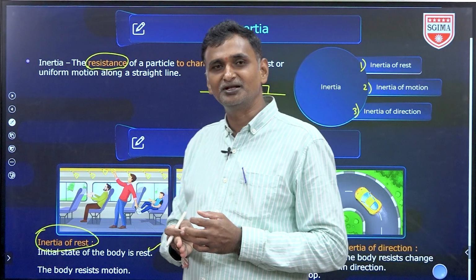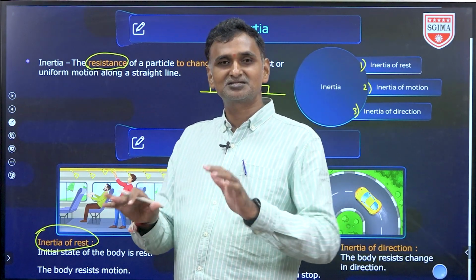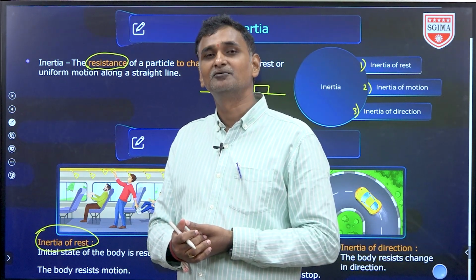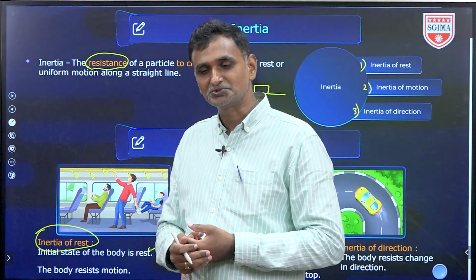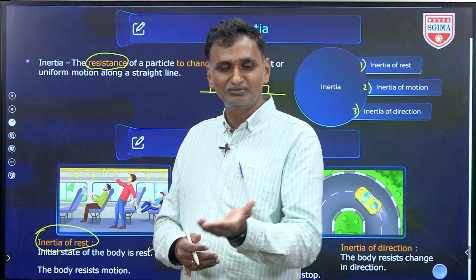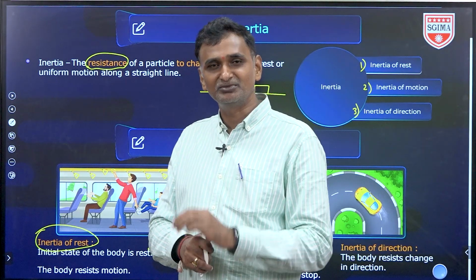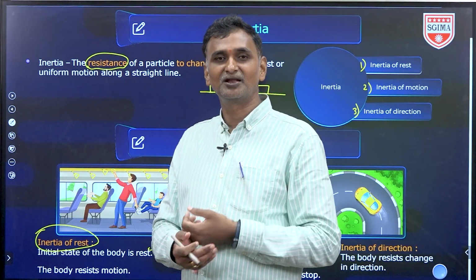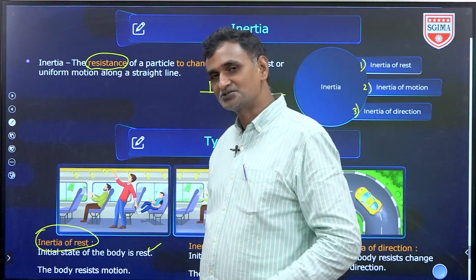Next, when you continuously beat a carpet with a stick, the dust particles present in the carpet get off. Why? Because when we beat the carpet with the stick, the carpet particles are set into motion, but the dust particles resist the motion because they are at rest. Due to that action, the particles fly off. So, this is also an example of inertia of rest.